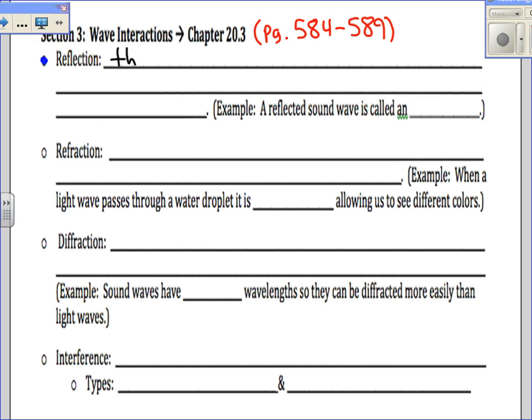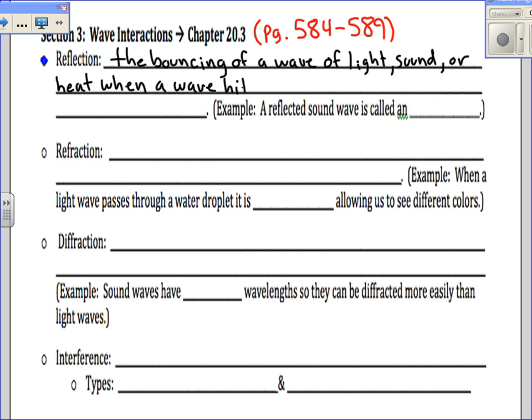So reflection is the bouncing of a wave, not only light, but sound or heat, when the wave hits a surface that it does not go through. It is reflected.